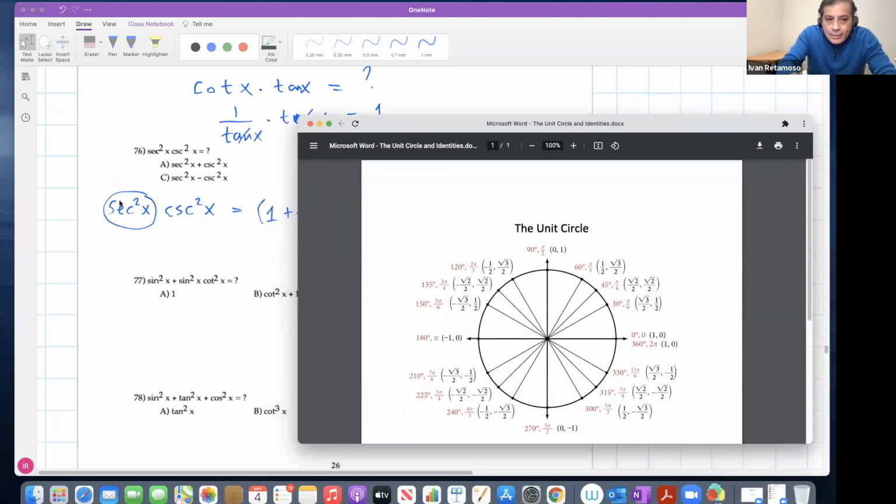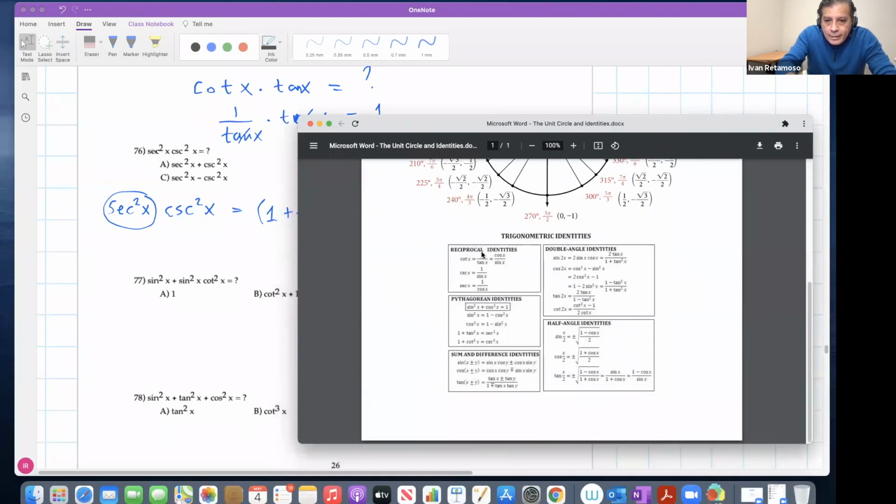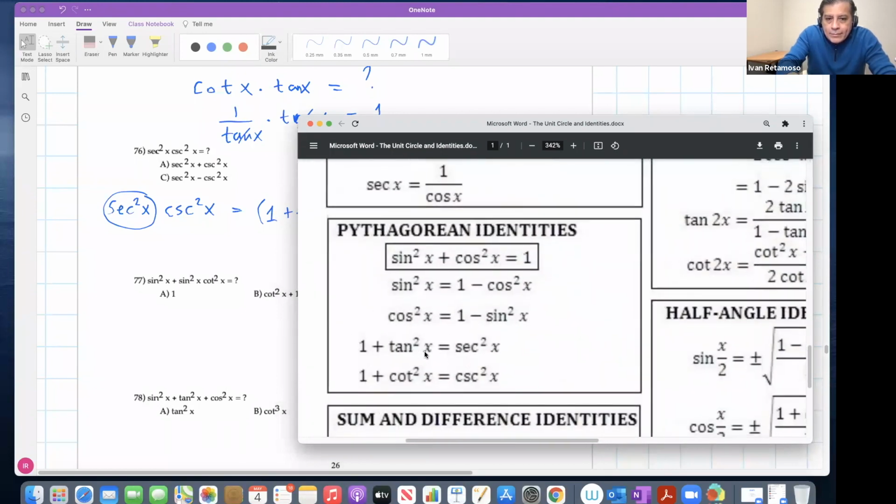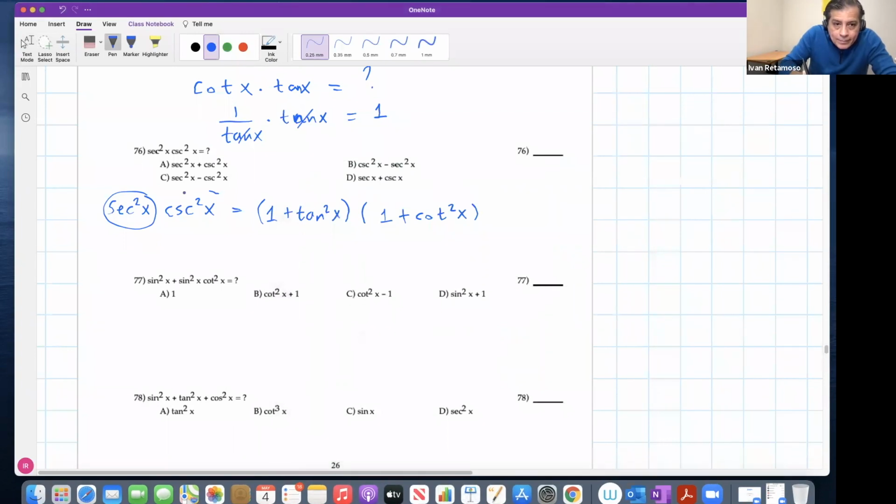I'm using secant square from here, which is equal to 1 plus tangent square. And for cosecant square, the other one, I'm using 1 plus cotangent square from the unit circle sheet. Then remember, we multiply out. 1 times 1 is 1. 1 times cotangent square is cotangent square of x.